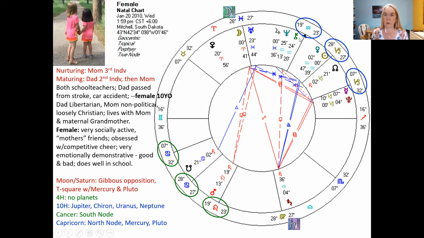We have 4 planets, Chiron, Neptune, Jupiter, Uranus, in the 10th house. With Cancer, it happens to rule 2 house cusps, the 2nd and the 3rd, with a south node in Cancer. And Capricorn rules the 8th and 9th house cusps, with the north node in Capricorn.